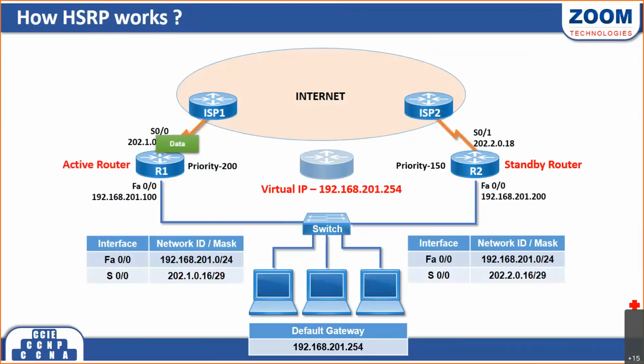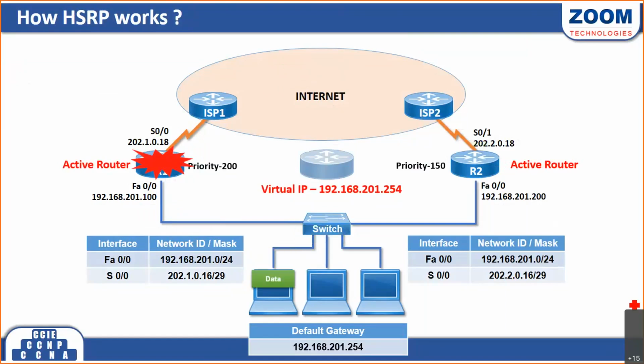So the active router role is to actively forward users' traffic. Whenever active is down, then what is the next step? Standby will become active and forward users' traffic, right? Yes.